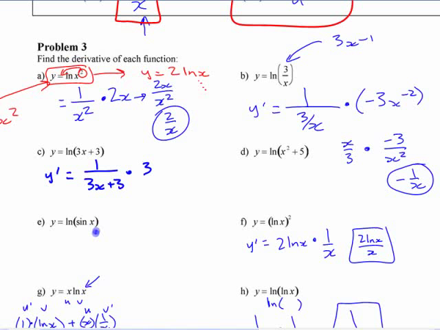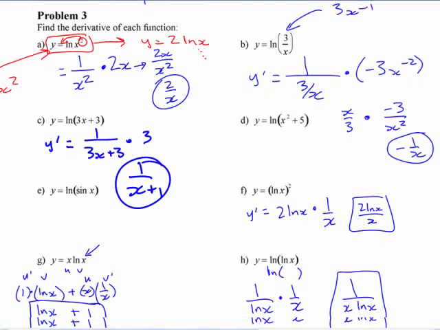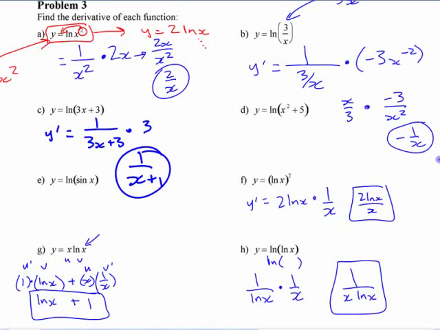If you factor the bottom there and cancel it, you get 1 over x plus 1, if you factor out the 3 and cancel it. I think they're all kind of easy enough if you look at it. This one you need the product rule because it's a product, x times ln x. This one is a chain rule thing because it's a composition, ln of ln x.